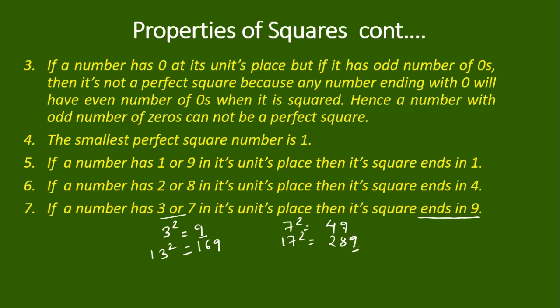So if a number has 3 or 7 in its units place, then if you find the square of that number, then that square number will have 9 in its units place, or we can say that the square number ends in 9.